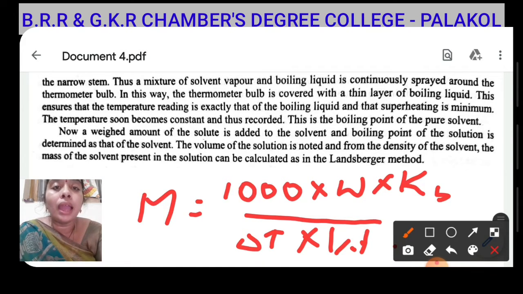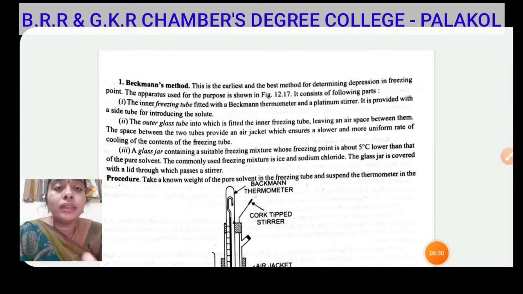We can calculate the molecular weight of the non-volatile solute particles. Students, you have learned this experimental method to determine the molecular weight of non-volatile solute particles by elevation in boiling point.